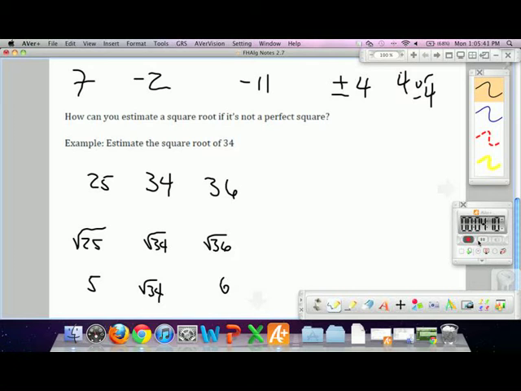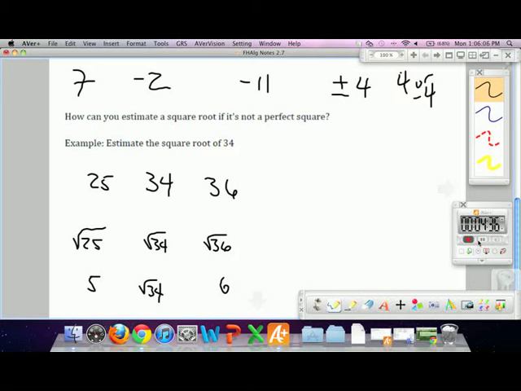Now the question becomes, what whole number is the square root of 34 closest to? Is it closest to 5, or is it closest to 6? How do you know? 34 is closest to 36. So the square root of 34 should be closest to the square root of 36, which is 6.